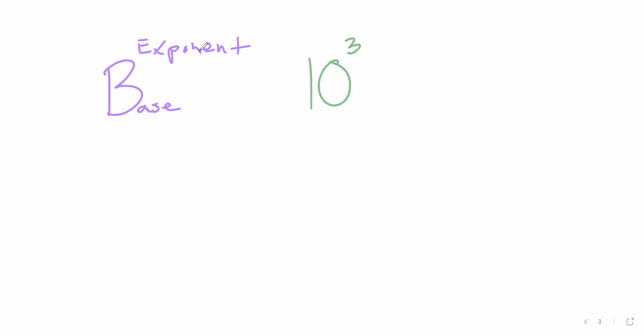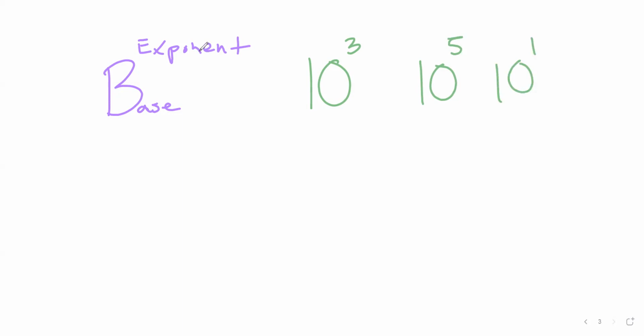Remember the parts of an exponent: you have a base number and then you have the exponent. So this is the base number and this is the exponent. That could be base 10 to the power of 3, or base 10 to the power of 5, or base 10 to the power of 1.